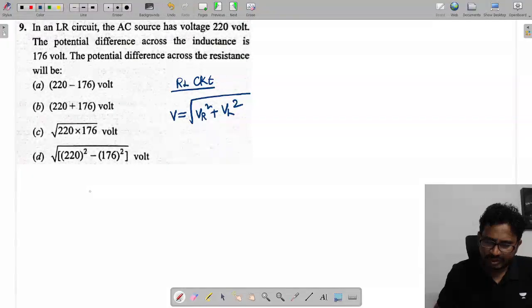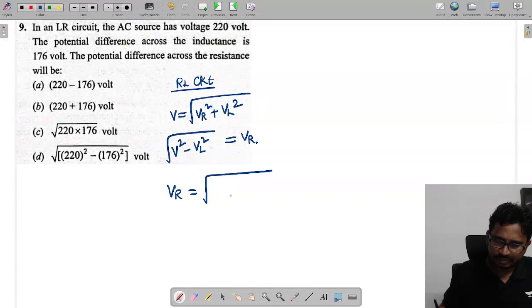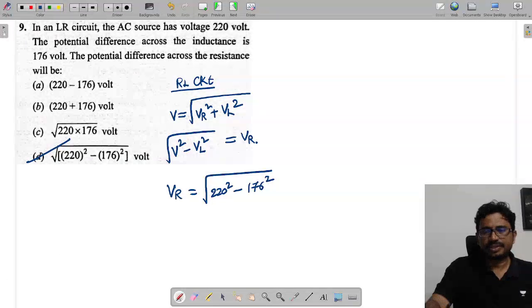They ask to find the potential difference across the resistor. So that is square root of V square minus VL square, which is equal to VR. So VR is given as AC source voltage 220 volts minus inductor voltage 176 square. So option D.